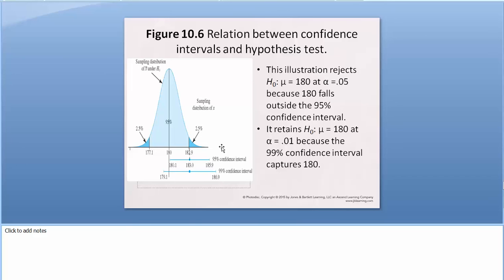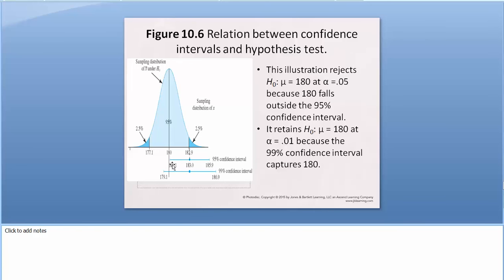Now you can calculate the test statistic, remember, and look to see whether it falls in this rejection region, or you can do a confidence interval. Now see, this is a 95% confidence interval. The mu sub 0 is 180. Now look to see, is 180 in the confidence interval?